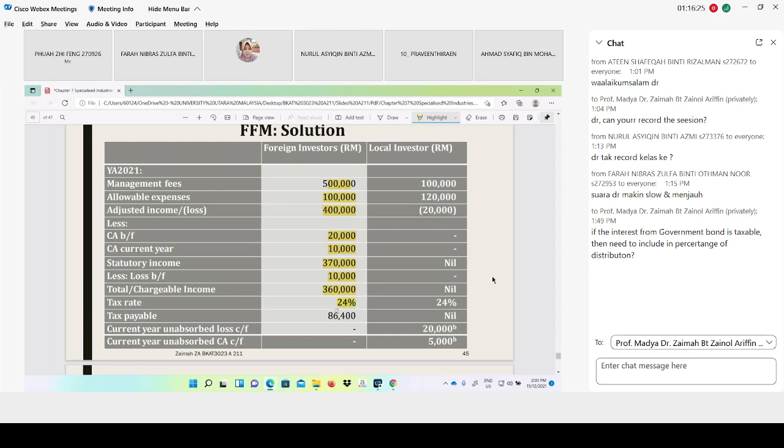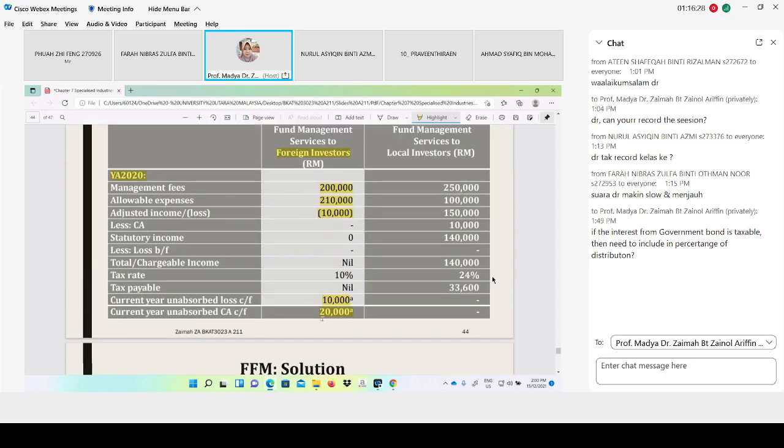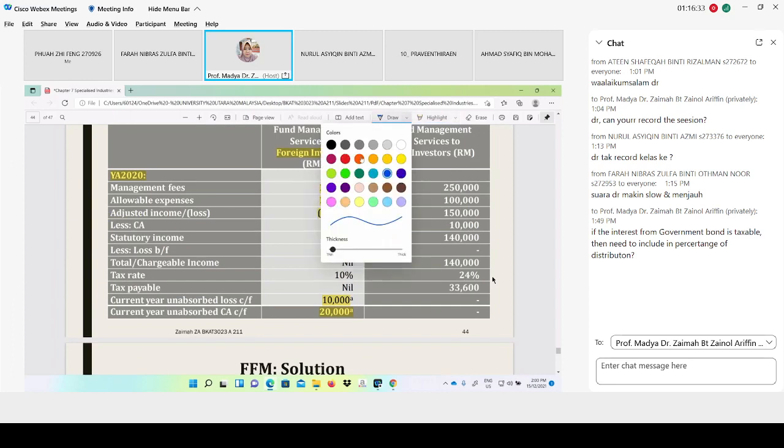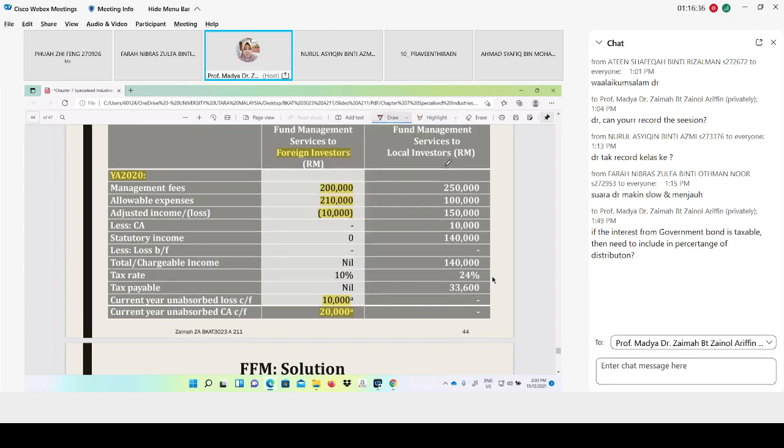But remember, for foreign investor, the special rate for foreign investor happened in year of assessment 2020. That is, the tax rate for foreign investor is only 10%. If, for example, you have figures here, you have adjusted loss, minus capital allowance, and also you have the amount for SI, and later you have the amount for total income.